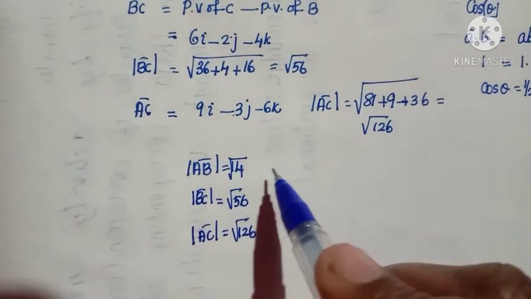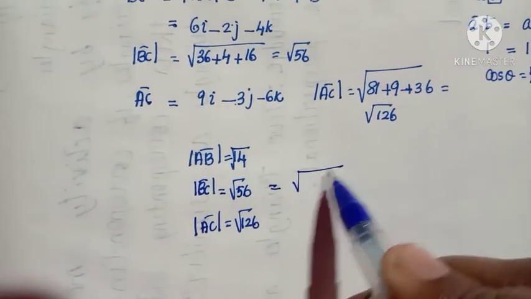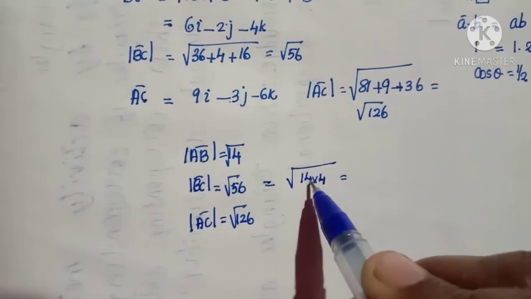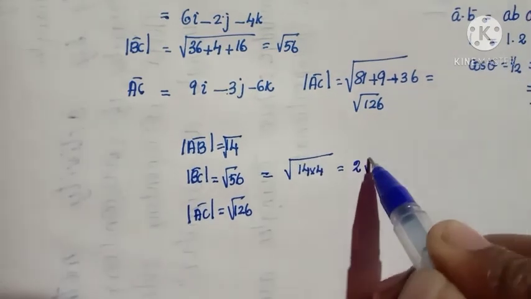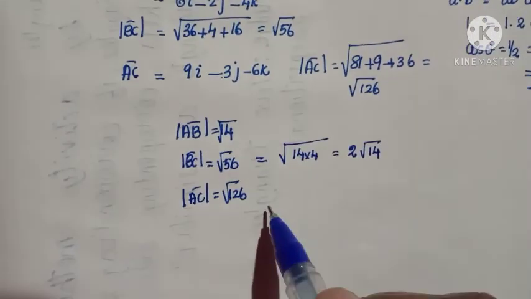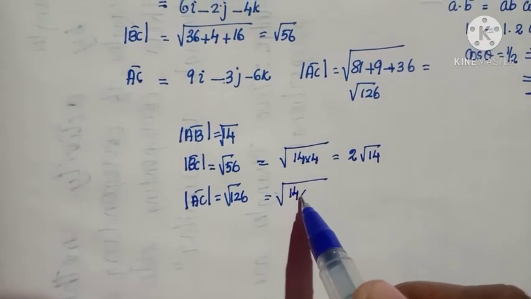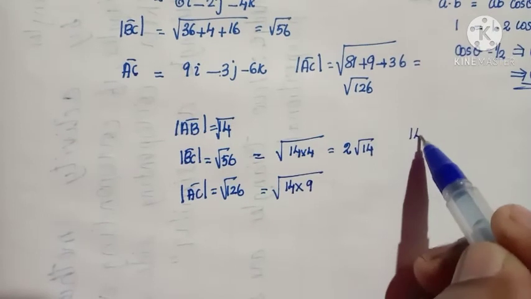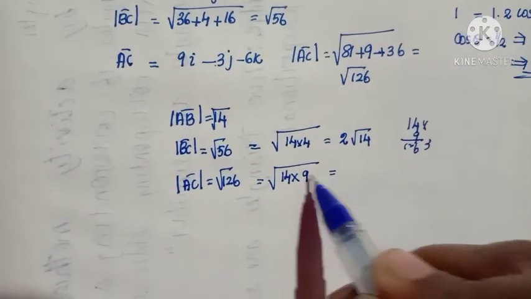Now this root of 56 can be written as root of 14 into 4, isn't it? 14 into 4 is 56. So root of 4 is 2. So it is 2 root 14. Now 126 is 14 into 9. Now root of 9 is 3.